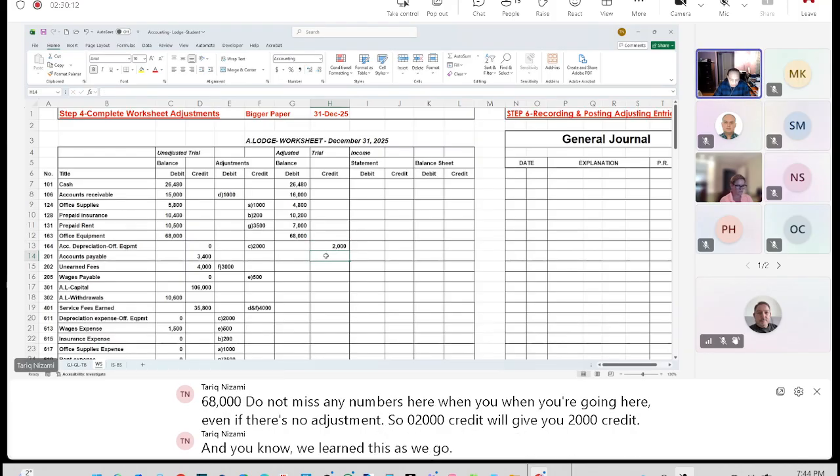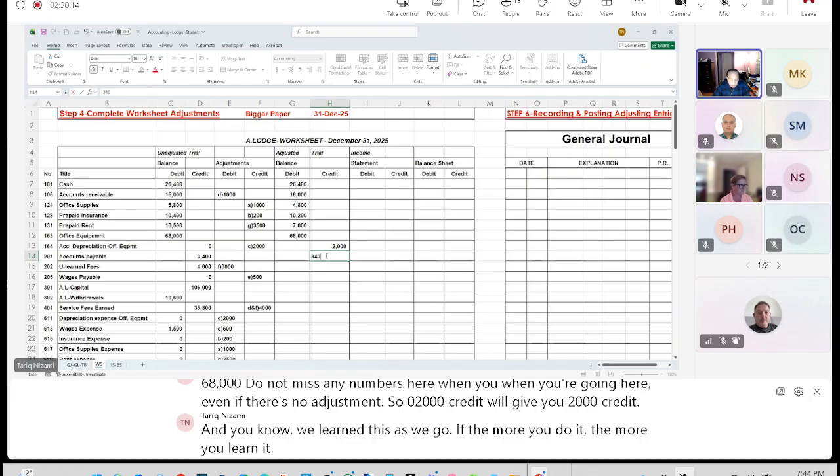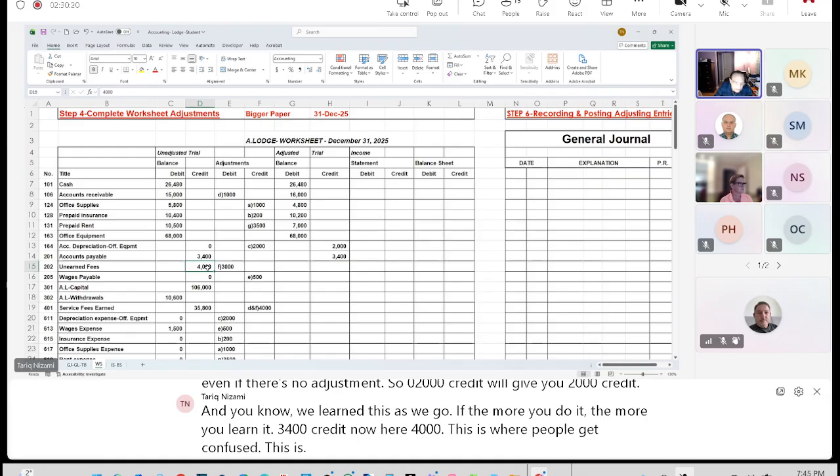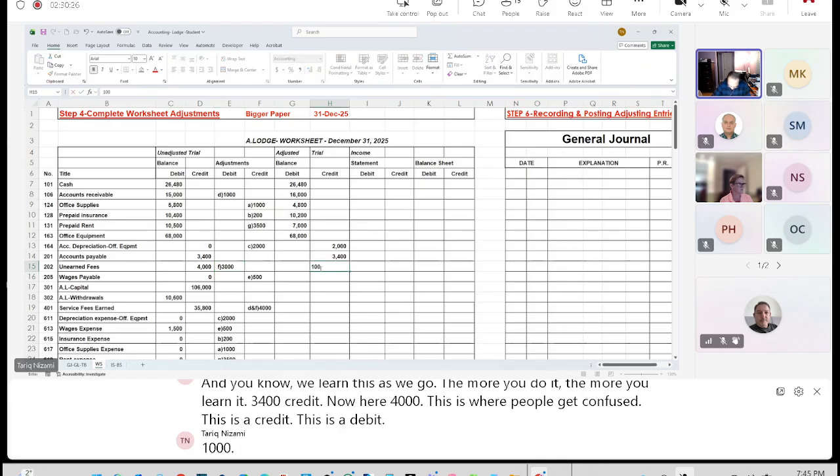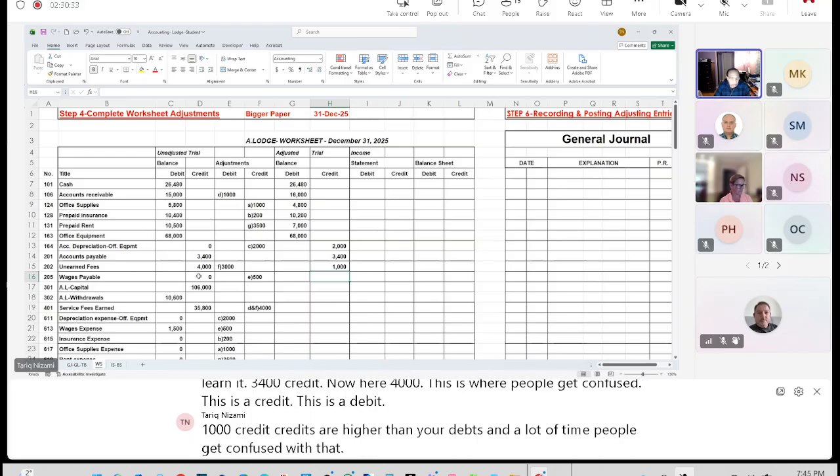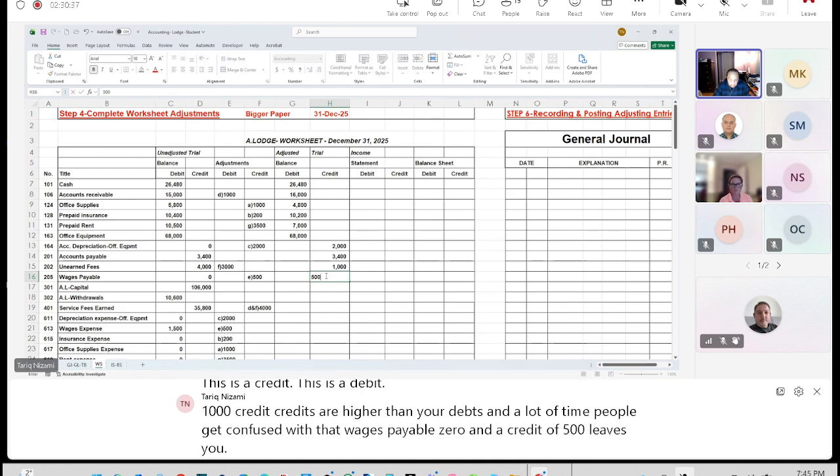The more you do it, the more you learn it. 3,400 credit. Now here, 4,000. This is where people get confused. This is a credit. This is a debit. 1,000 credit. Credits are higher than your debits, and a lot of times people get confused with that. Wages payable 0 and a credit of 500 leaves you 500.